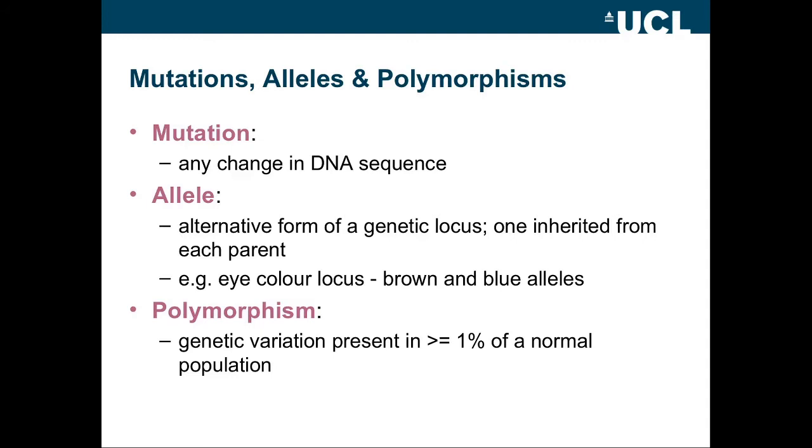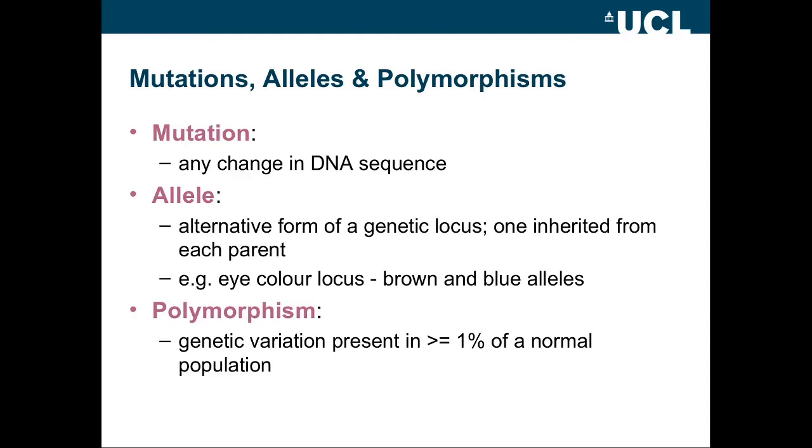Now, an allele we define as the alternative form of a genetic locus, and of course we inherit one allele from each parent. For example, looking at the eye colour locus, we have the brown and the blue alleles. We also need to define a polymorphism, which is strictly a genetic variation present in at least 1% of a normal population.